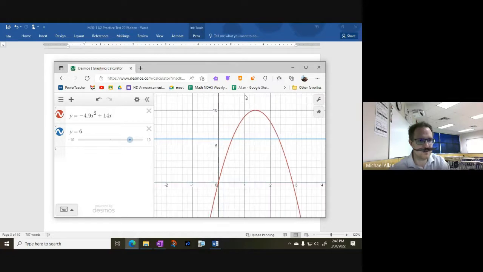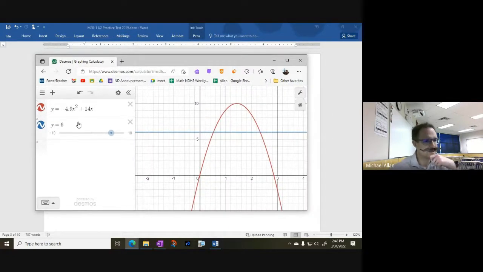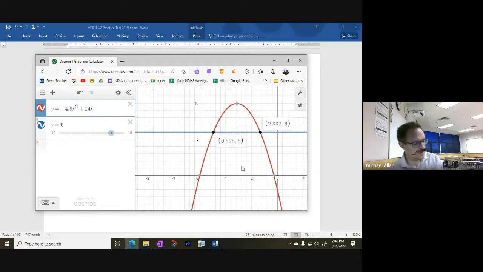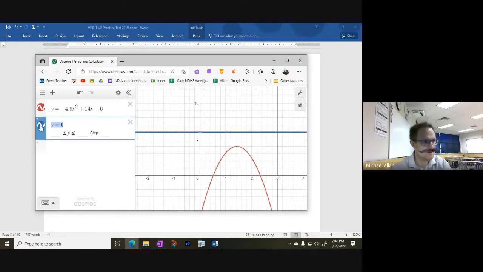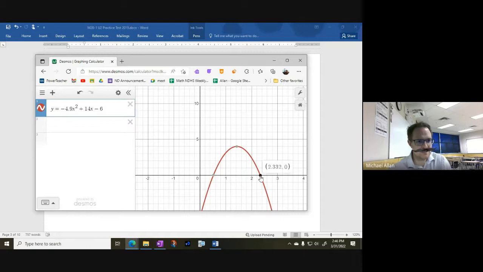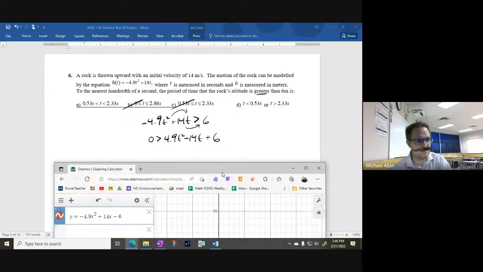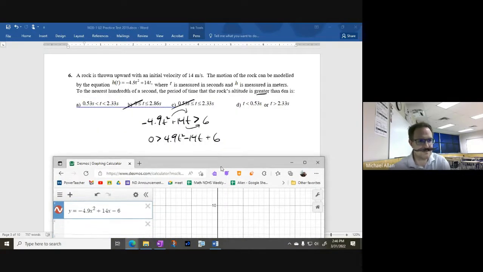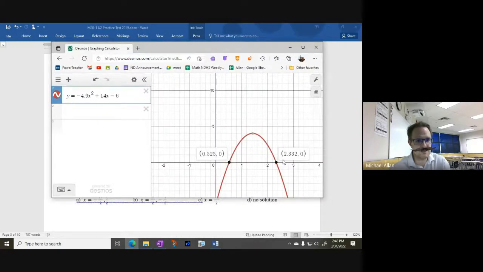So here's what it looks like, right? I want to know when this red graph is greater than this blue line. You can see it's this piece up here, from those two dots. If I made this equal to 0, you'll see what happens here. If I flip it over, it's going to be these two dots and everything in between: the 0.53 and the 2.33.